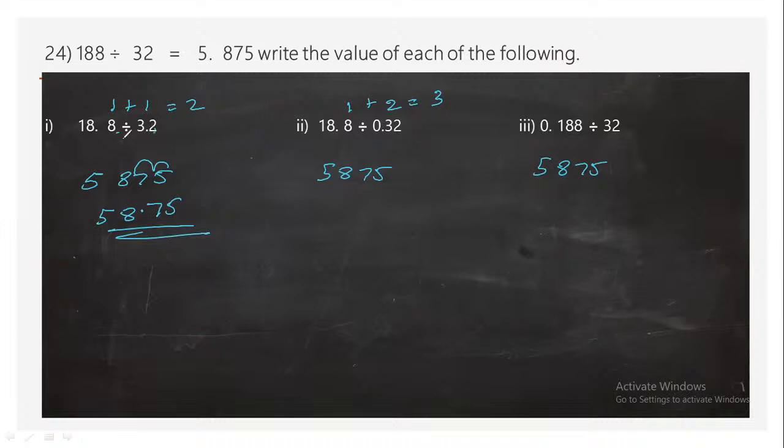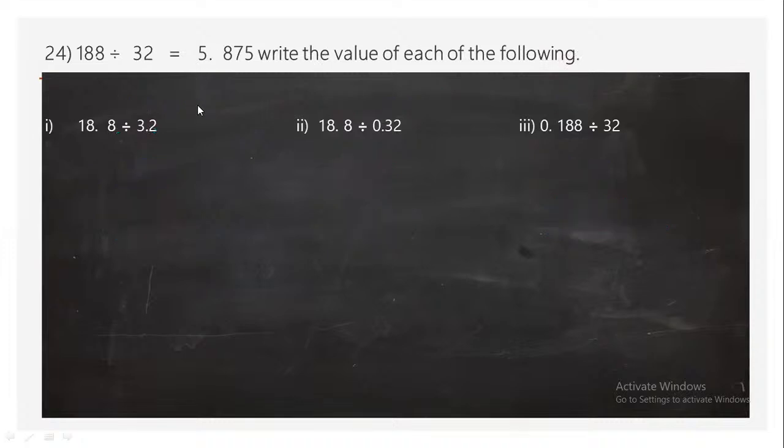According to the decimal places, you can separate it: 5.875. Here 3 decimal places, 1, 2, 3.